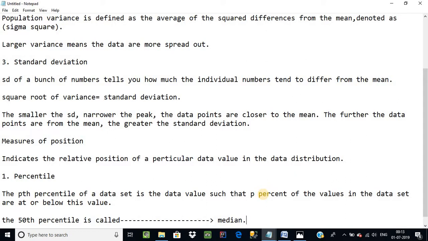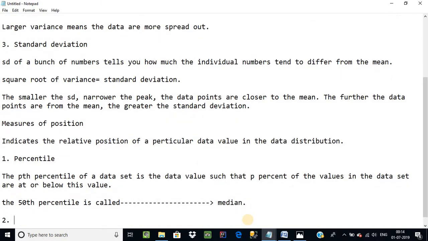Because as we discussed in the earlier video, when we arrange the data in ascending or descending order, the middle value is termed the median. Percentile is nothing but the rank; it tells how much percent of the values in the data set are at or below this value. So exactly the 50th percentile will be nothing but the median.